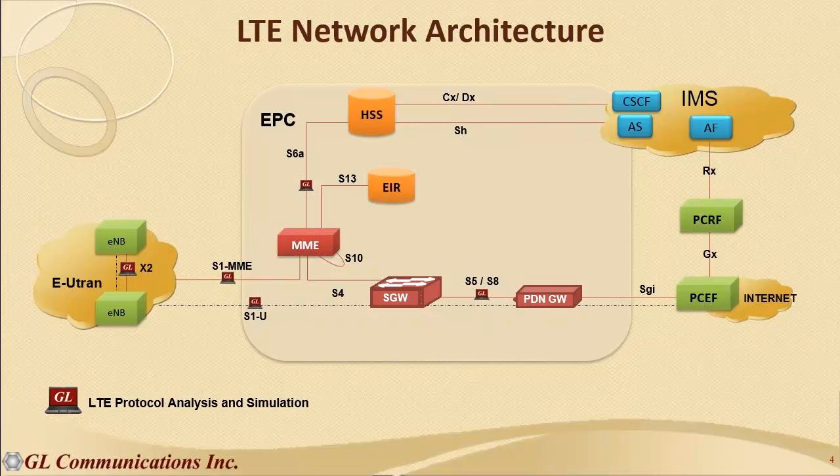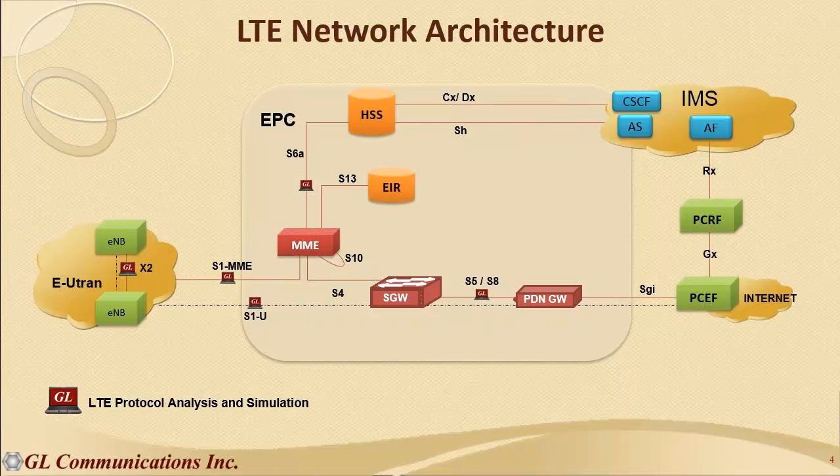On the screen you can see E-UTRAN contains eNode B, which is a base station similar to GSM. If you are familiar with a GSM network, it provides the air interface to a mobile, and on the core network side it contains the MME, serving gateway, and PDN gateway.